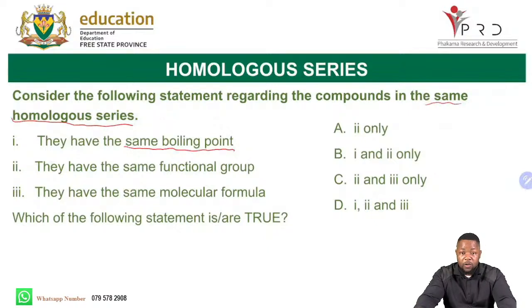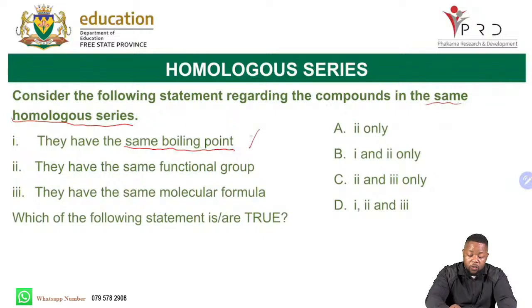Now, we might want to recall that for compounds that have the same boiling points, the strength of the intermolecular forces in those substances needs to be comparable. In other words, they need to be somehow equal. The first Roman figure says they have the same boiling point.